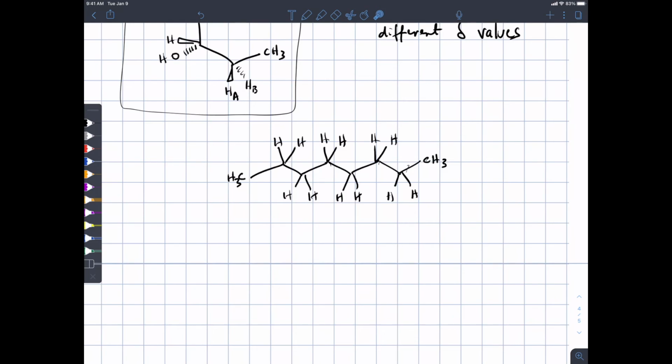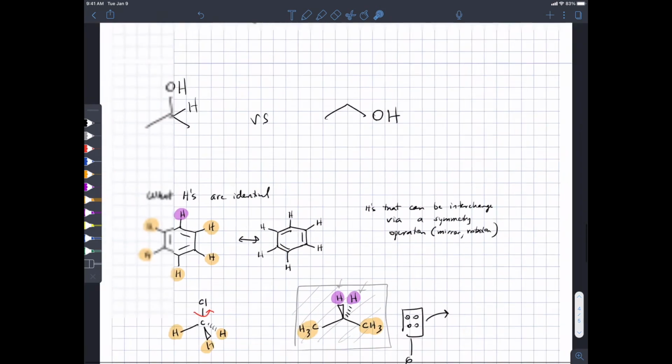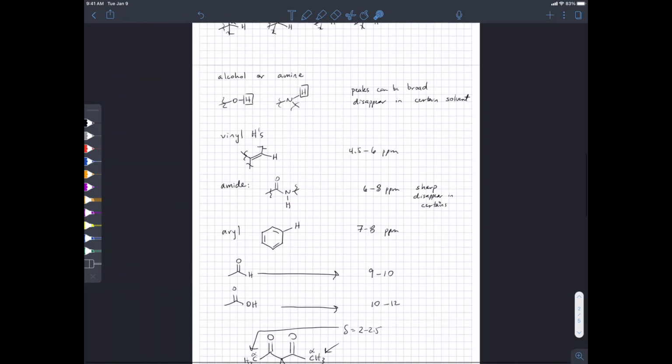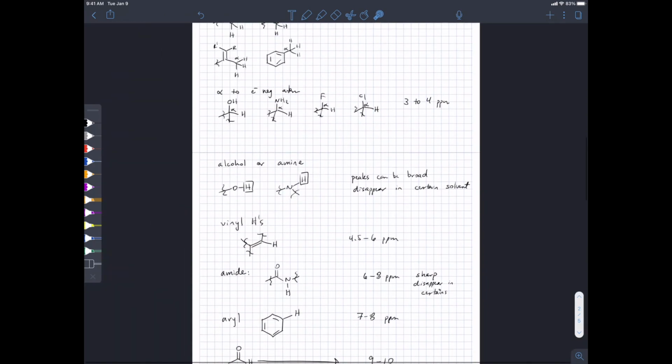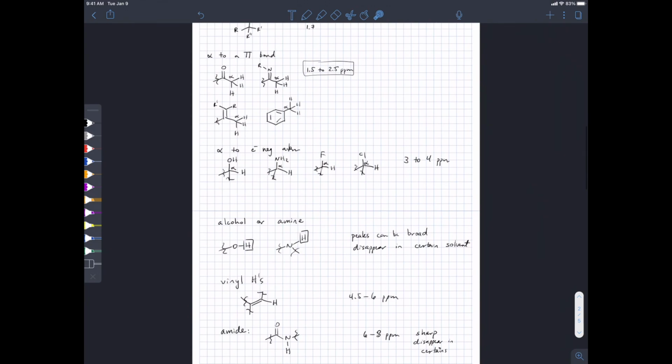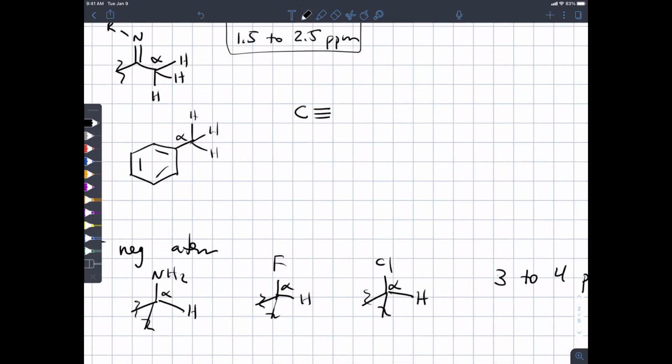How would you see the chemical shift for a triple bond? I left that one out. That one is kind of weird for reasons that we don't necessarily need to discuss. That is, being attached to a carbon that's involved in a triple bond. If you're attached to a double bond, you're vinyl.